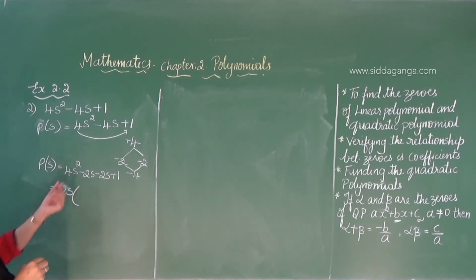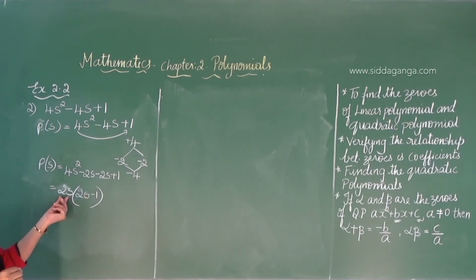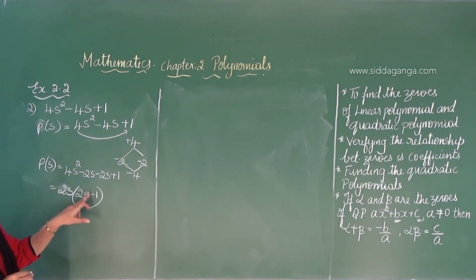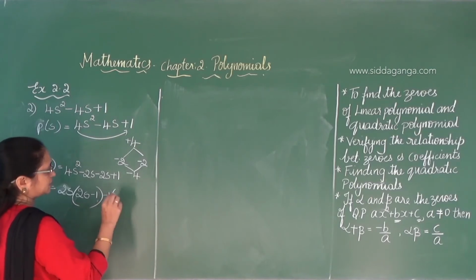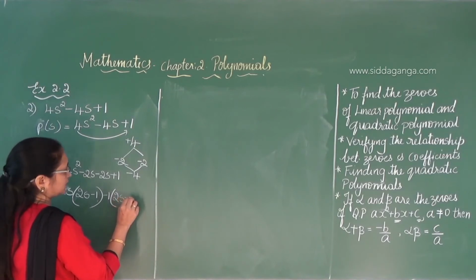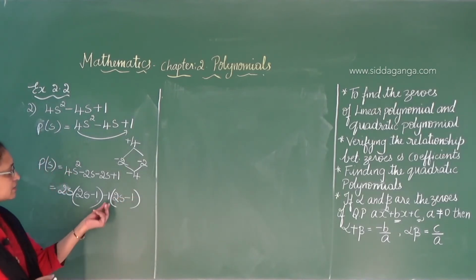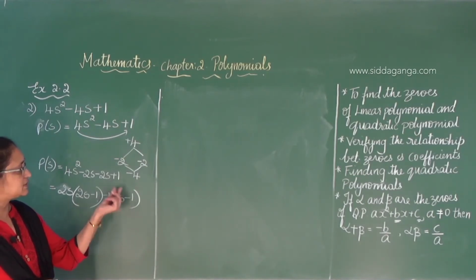If you take 2s common, here you will get 2s minus 1. See here, 2 2s are 4, s into s square, so 4s square minus 2s into 1, 2s. Now, here you can take minus 1 as common.